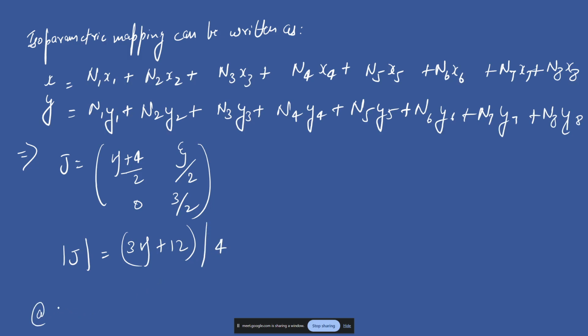And at xi equal to 0 and eta equal to 0, the determinant of the Jacobian matrix is 3.0.